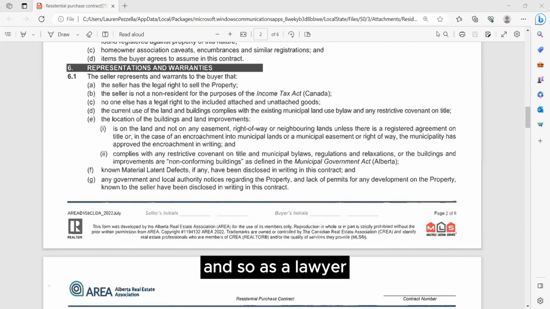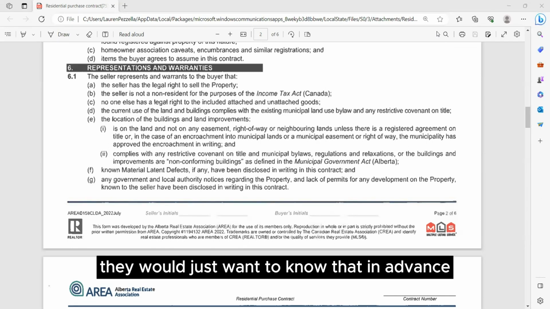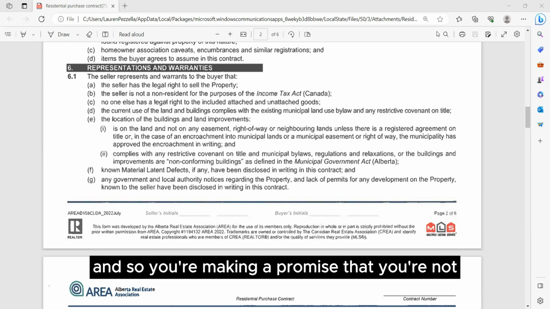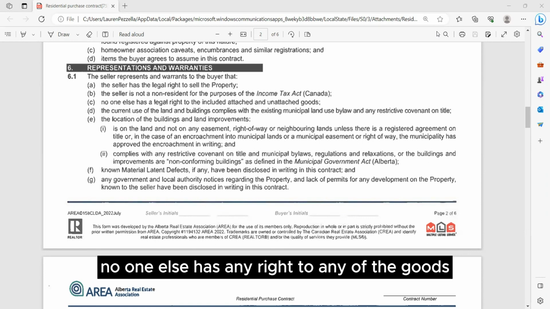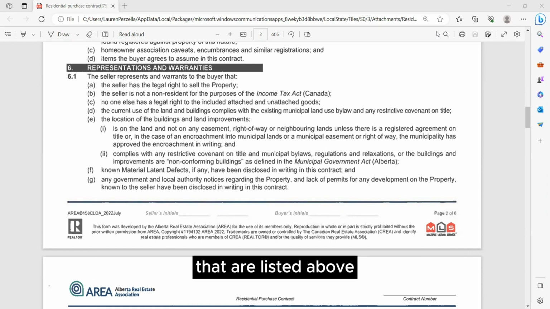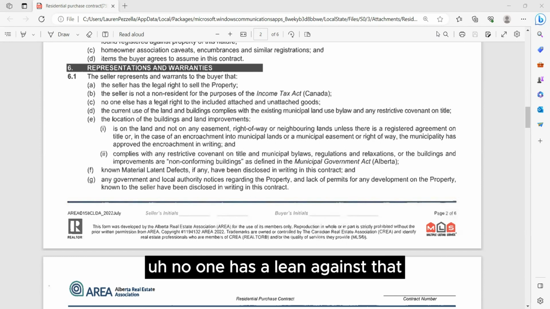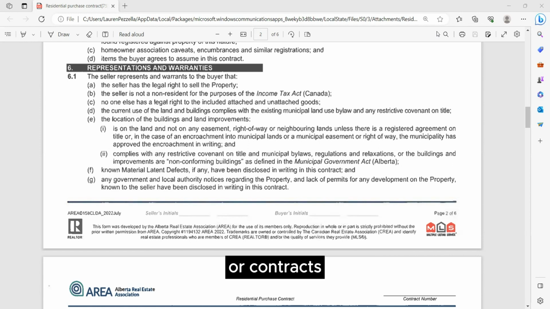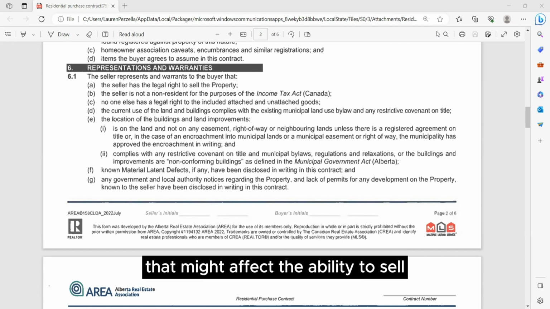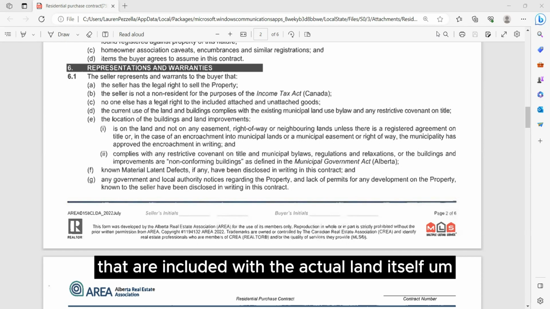And so a lawyer or a realtor, whoever's doing the transaction, would just want to know that in advance, and you're making a promise that you're not. And again, similarly, no one else has any right to any of the goods that are listed above. We talked about attached and unattached goods. No one has a lien against that. There are no leases or other corresponding documents or contracts that might affect the ability to sell those types of goods that are included with the actual land itself.